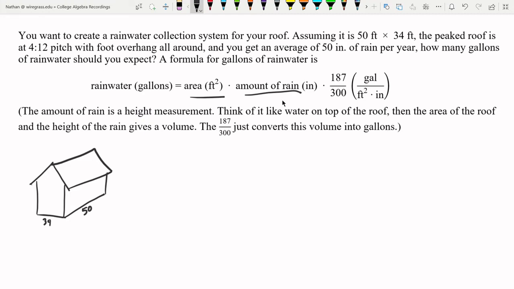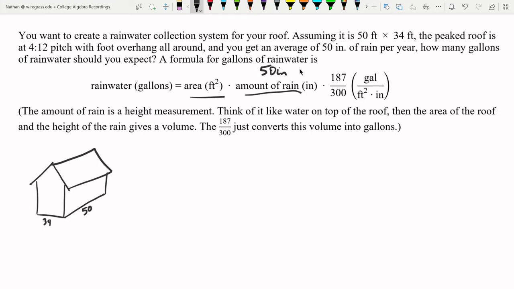And the area measurement times the height measurement, that is a volume. Volume, of course, can be written with a conversion as a liquid capacity, because a liquid capacity is also a volume. And that is what the 187 over 300 does, it just changes 50 feet squared times inches into gallons. So we already know the amount of rain, that's 50 inches.